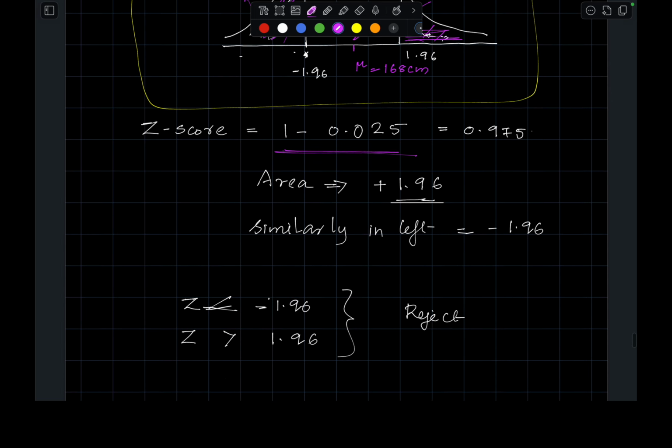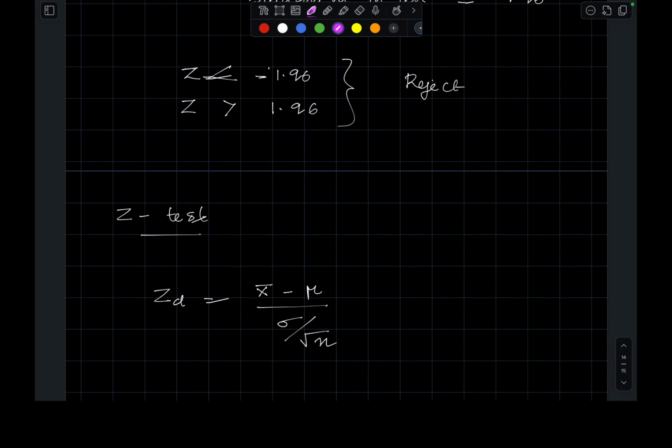And then the next one, where we do the Z test by looking at the data which we have, we will be calculating with the data we have in hand. Here also we are calculating the z score itself, but we are making use of the data which we have in hand.